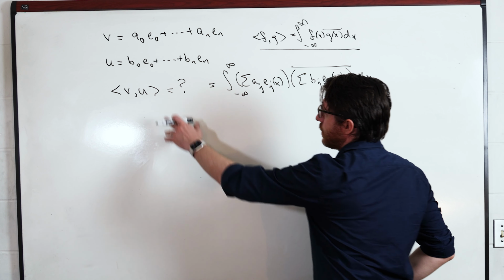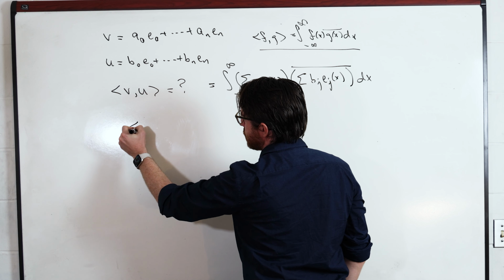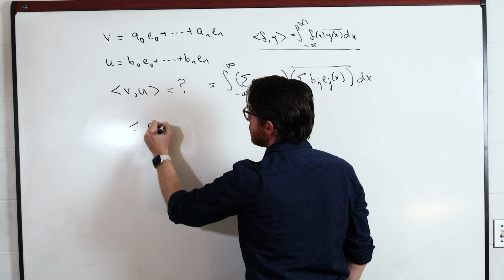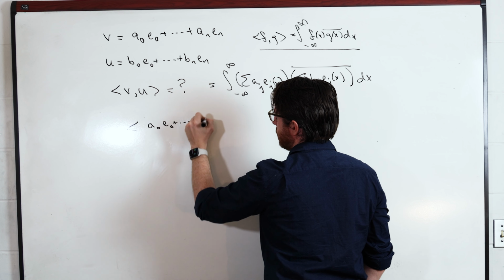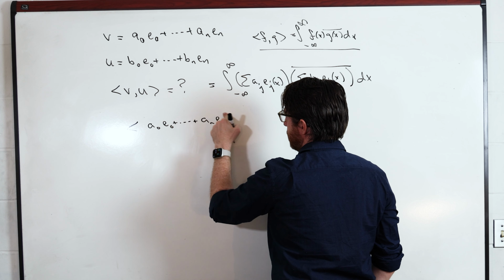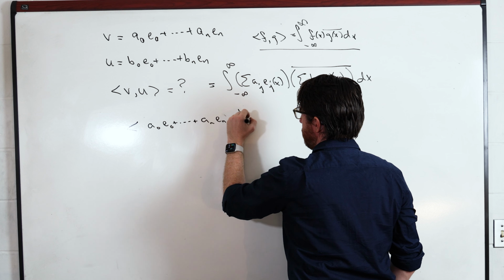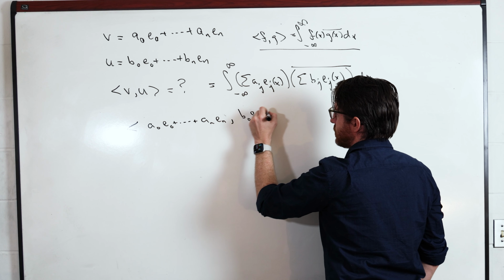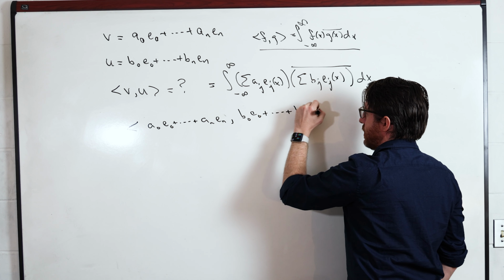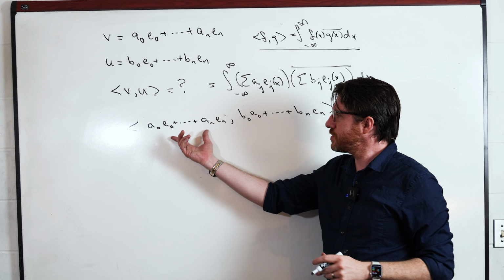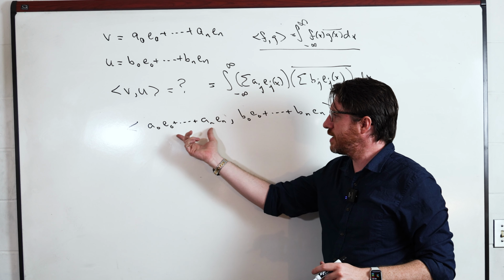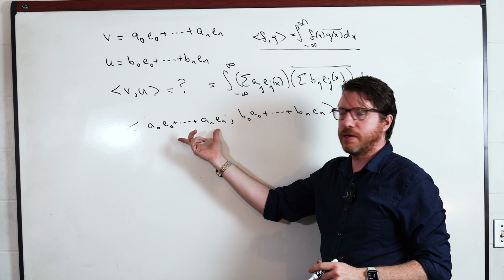That'll come next. What I'm going to do here is just use the linearity properties. So I have a naught times e naught, adding that up to an times en, and we're going to have the inner product with b naught e naught up to bn en, right? And so when I do this, I can first expand this out and use linearity here.